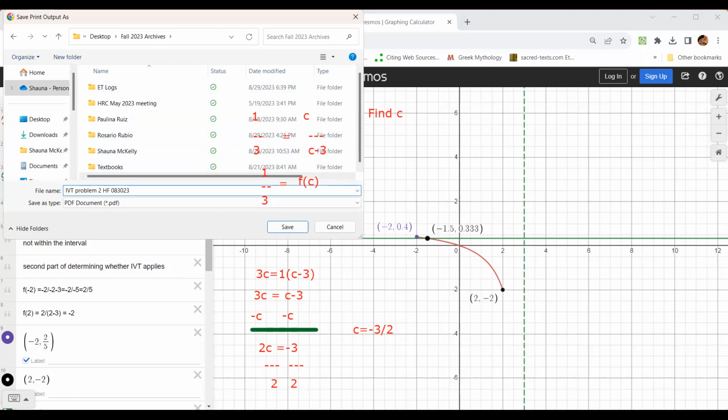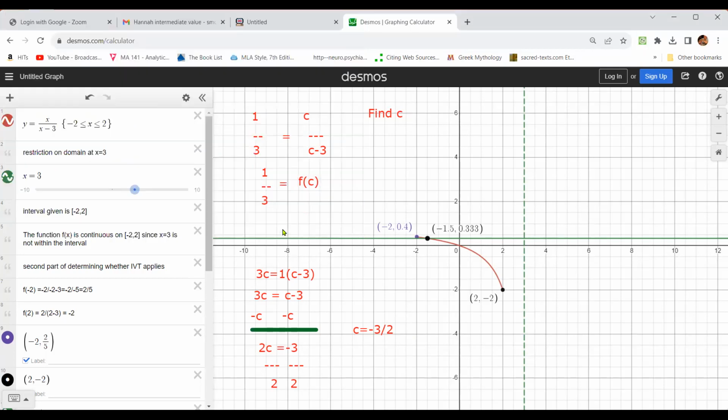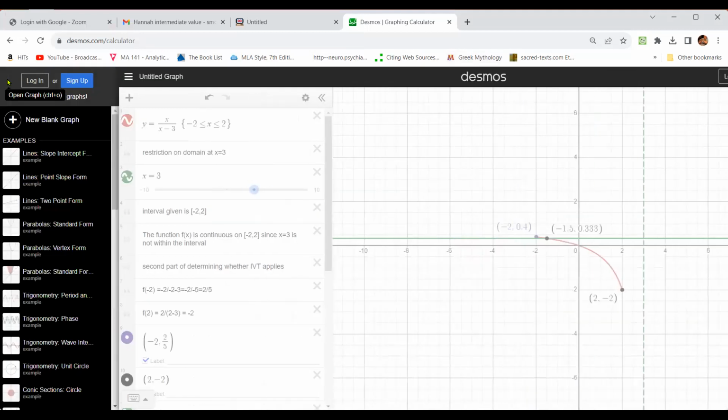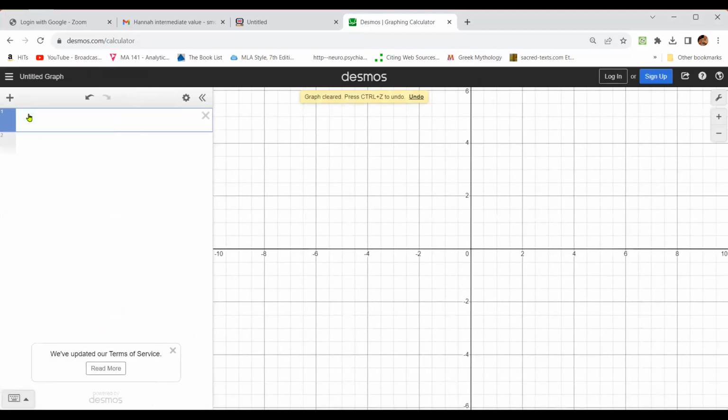Can you believe it? Yeah, really, huh? That's crazy. All right, so now I'm gonna clear my drawings here. And I'm gonna clear the graph here, because I'm sure we're gonna need it. And I'm gonna go back to our homework here.